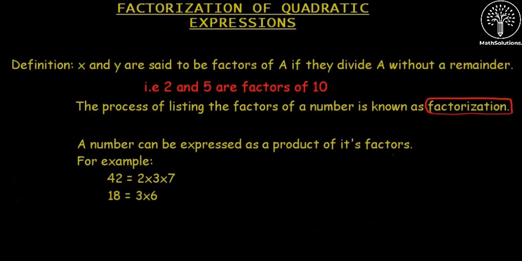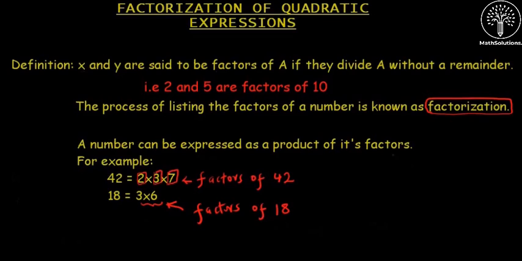A number can be expressed as a product of its factors. For example, the number 42 can be expressed as 2 times 3 times 7, and the number 18 as 3 by 6, where 2, 3 and 7 are the factors of 42, and 3 and 6 are the factors of 18.